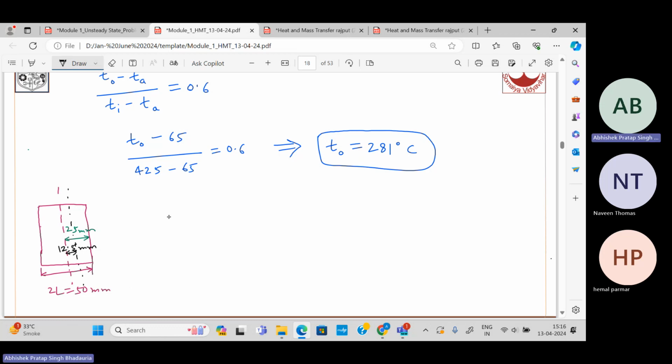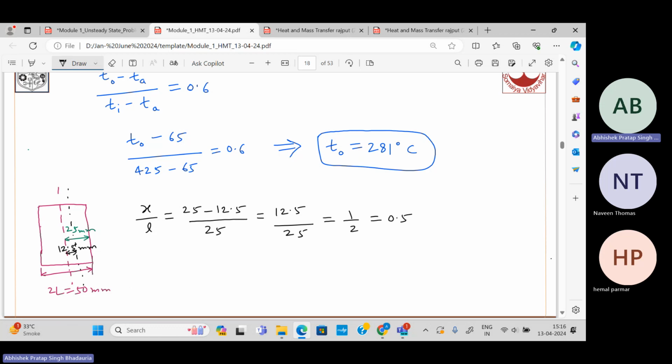Okay, so for this we will find x by L first. So x by L is what? The semi thickness is 25 mm. So 25 minus this 12.5, divided by L, where L is the semi thickness, that is 25. So it is equal to 12.5 divided by 25, which is 1 by 2, equal to 0.5.